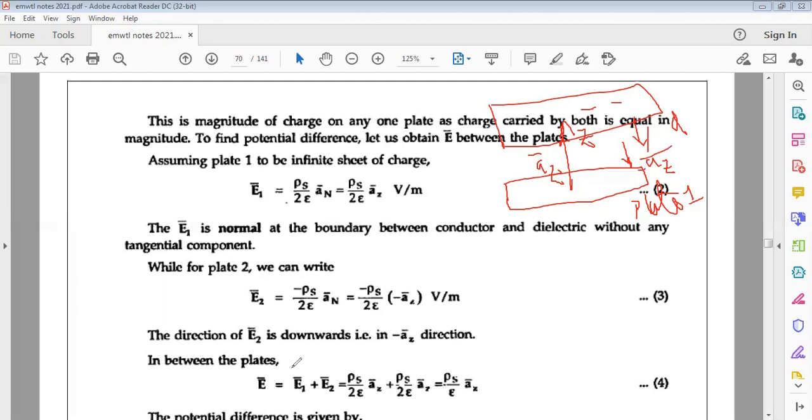Okay, the total electric field E bar is equal to E1 bar plus E2 bar, that is rho s by 2 epsilon AZ bar plus rho s by 2 epsilon AZ bar. Taking AZ bar, the 2s cancel, and rho s by epsilon into AZ bar is the total E1 bar plus E2 bar.